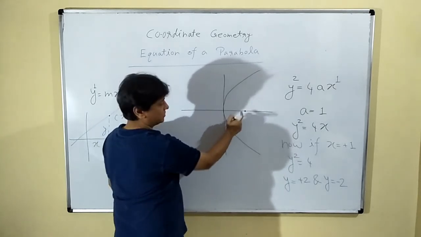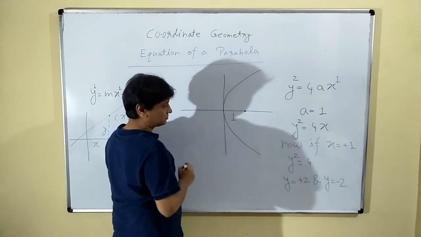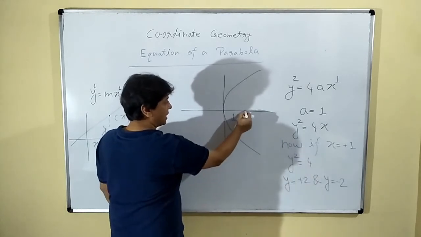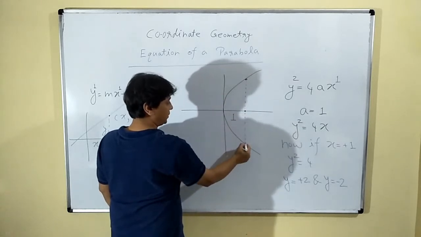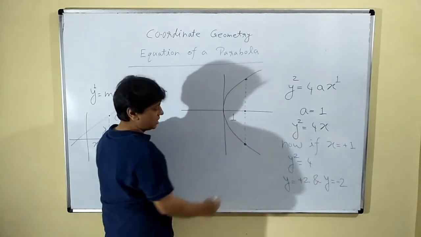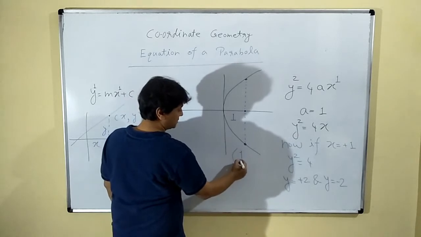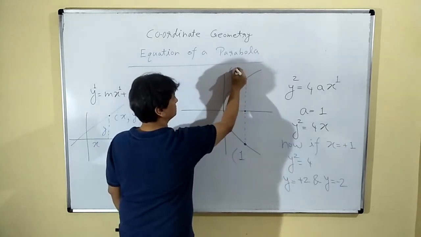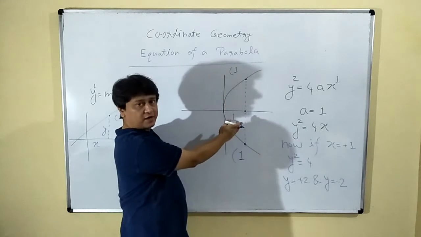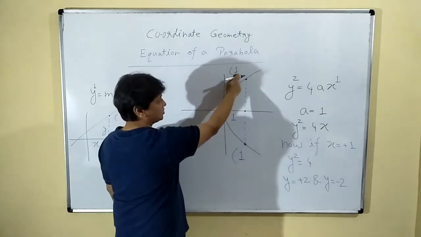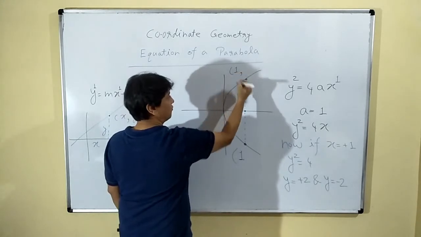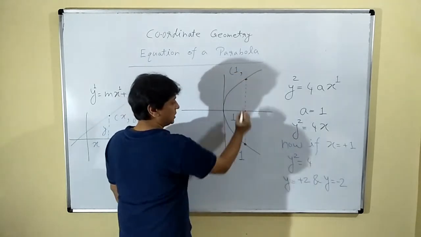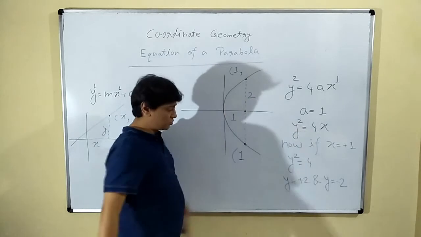At this point, this distance is 1. And therefore, if you reach this position or if you reach this position, at both positions your x coordinate will be 1. You're on the right side, x is 1, x is 1. But for this position, this height is coming 2.